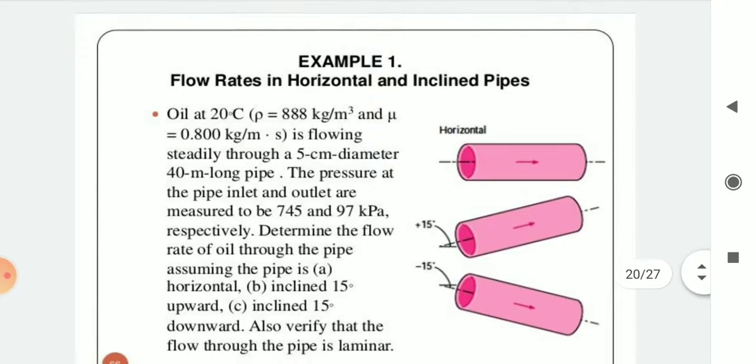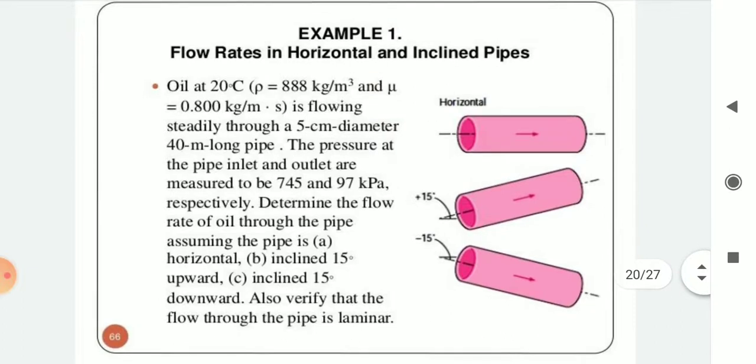So let's take one example for flow rates in horizontal and inclined pipes. You can see the images of a horizontal pipe and inclined pipes, with angles theta of plus 15 degrees and minus 15 degrees shown.